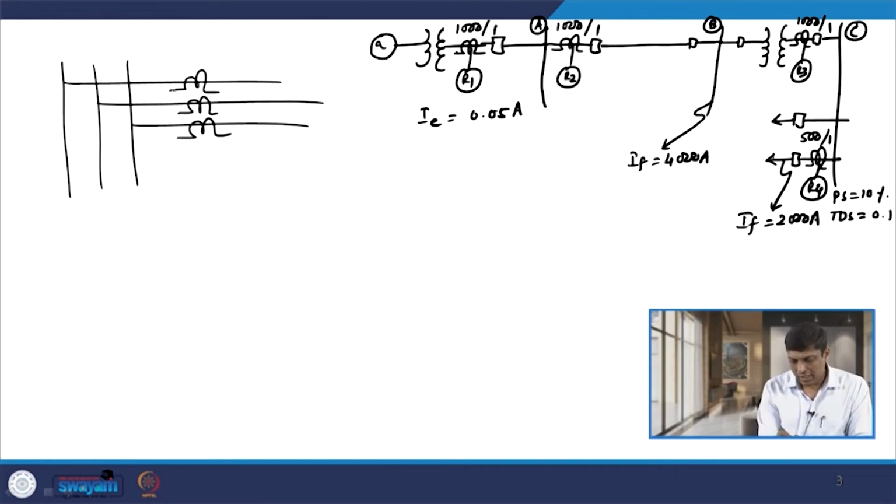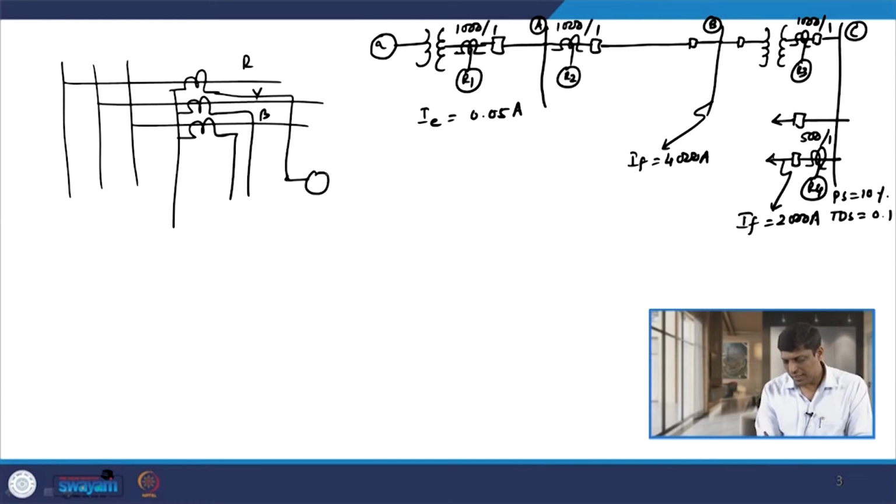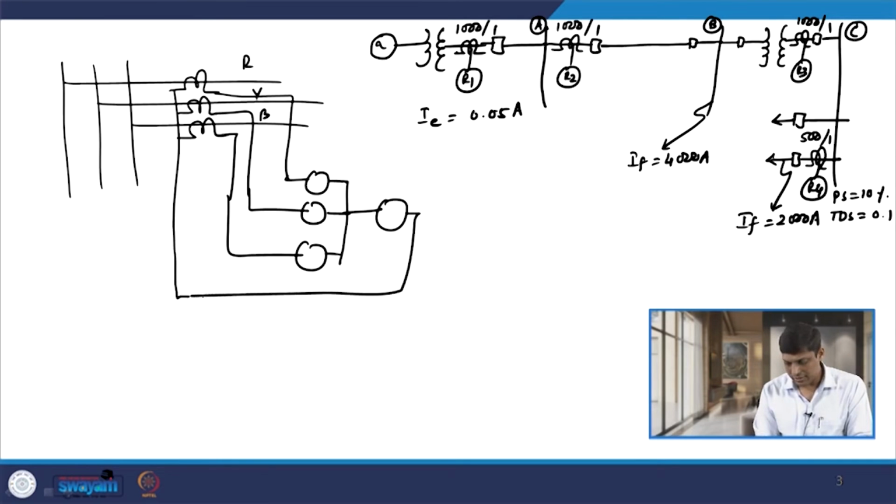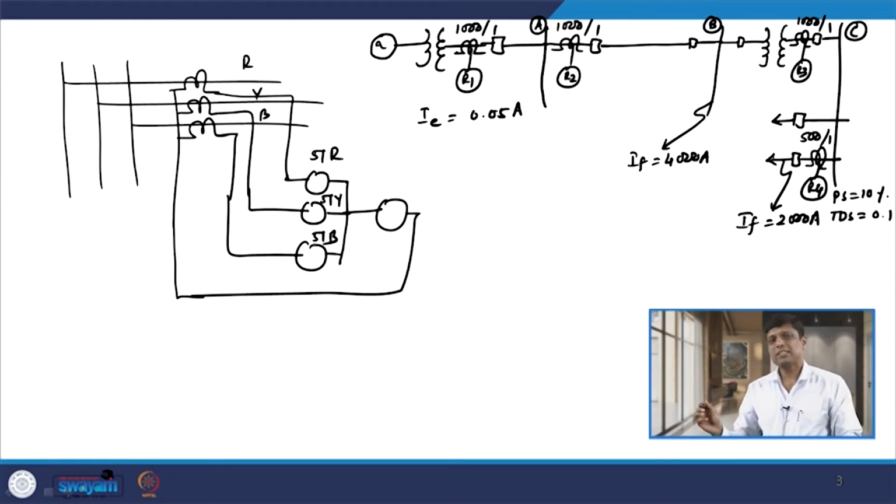If I have the R phase, Y phase and B phase here, then we have 3 relays connected, one in R phase, another in Y phase and another in B phase, and we have another relay connected like this. I told you this earlier. This is your 51 R relay, this is 51 Y relay, and this is 51 B relay. 51 stands for overcurrent relay, that is the phase relay. So, we have 3 phase relays, one in each phase.